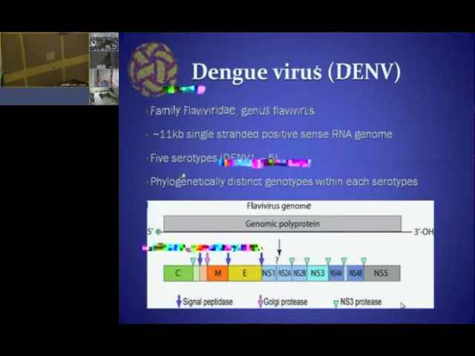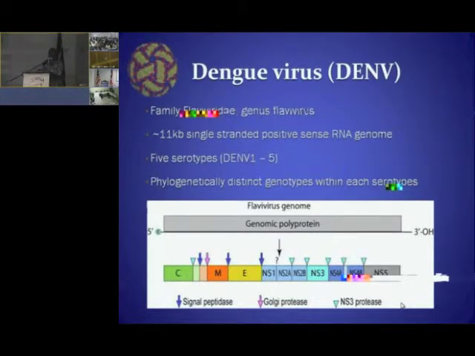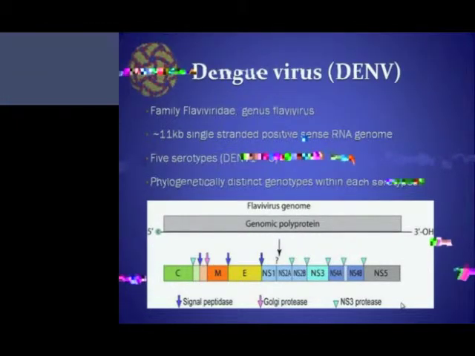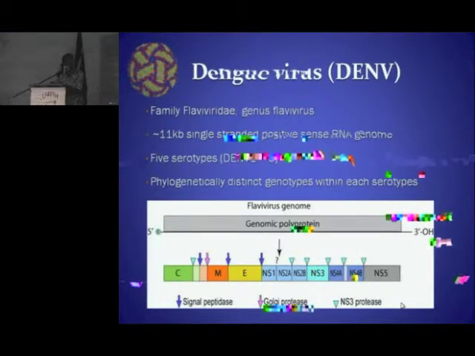Yes, so dengue itself is caused by the dengue virus. It's a virus that belongs to the genus Flavivirus, and this family contains viruses with RNA genomes. Now, you heard before that there were 4 serotypes. That refers to these 4 serotypes that are associated with epidemic disease and are found in the region.